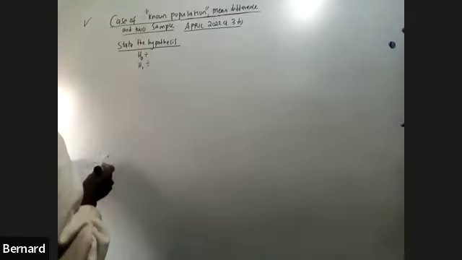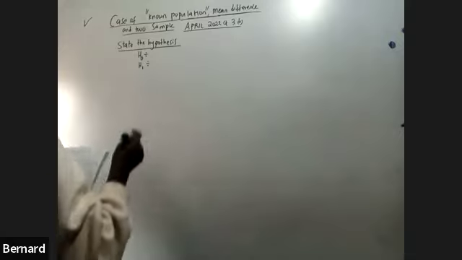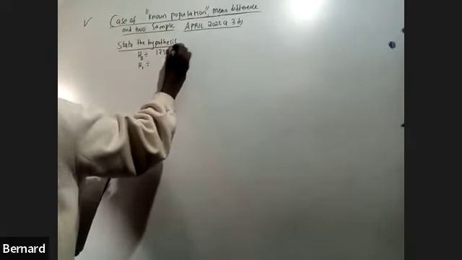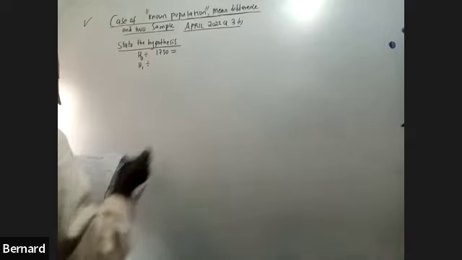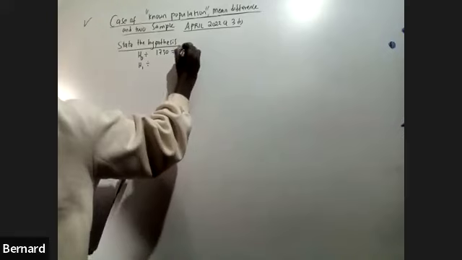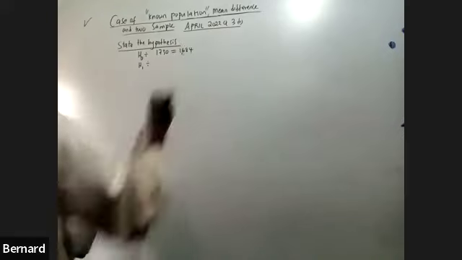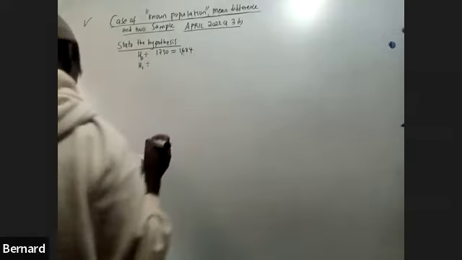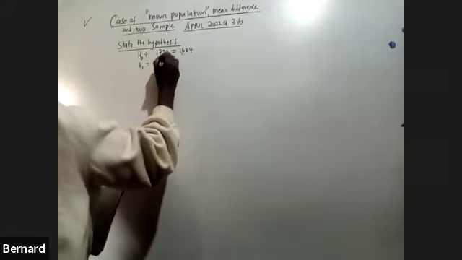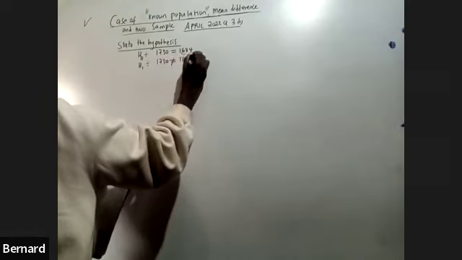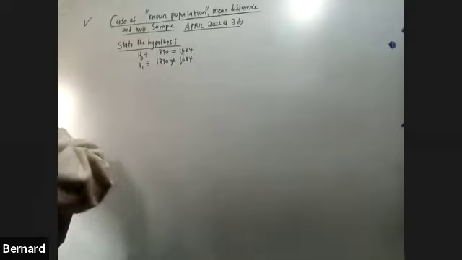So what will be our H0? Our H0, the mean 1730 for A equals 1684. Then for alternative, 1730 is not equal to 1684. That was the first step.